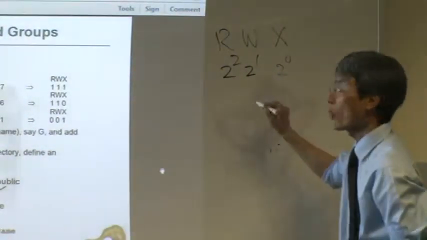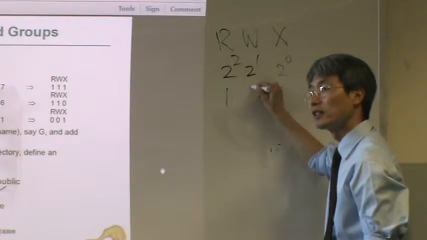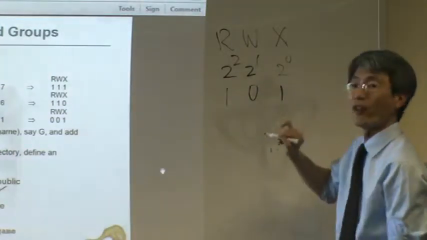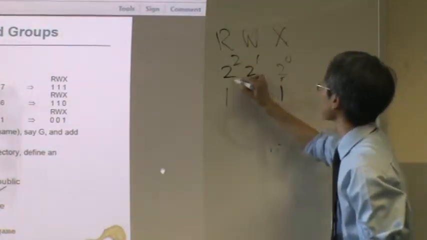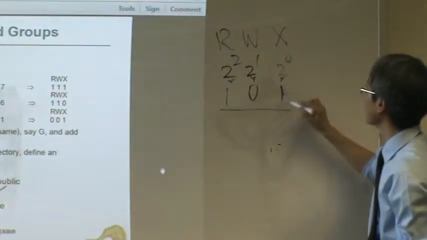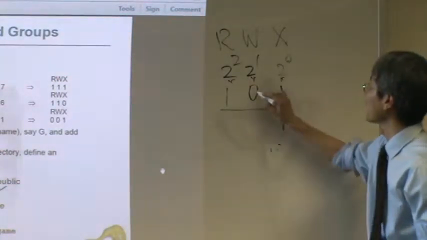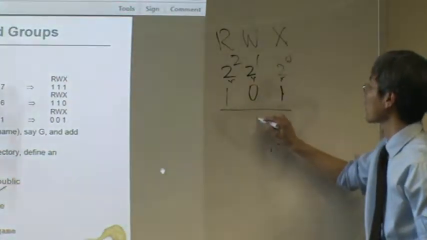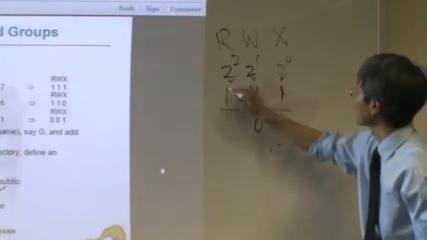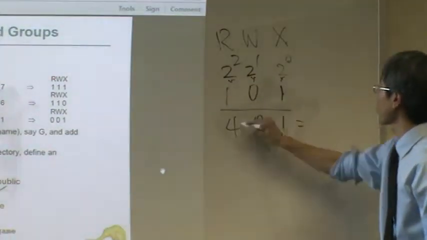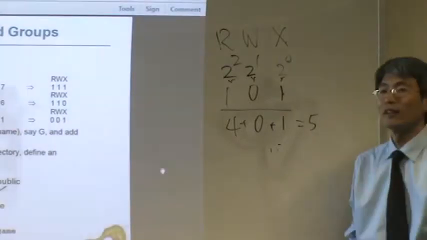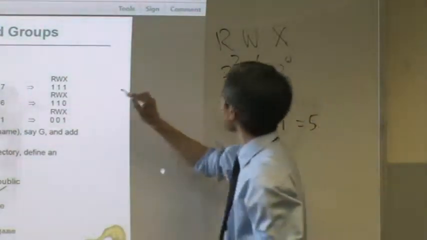Then if you have the permission 1, now 0, 1, then times, that is 1, that is a 0, right? That is 4, total 5. So this is the 5.